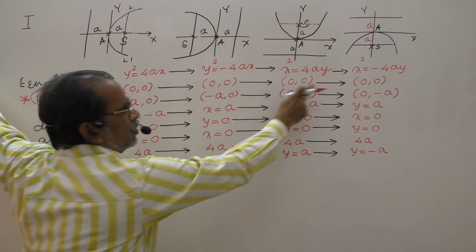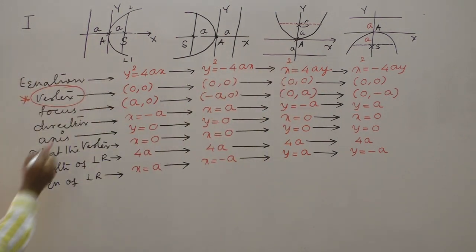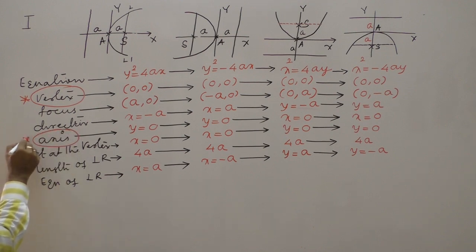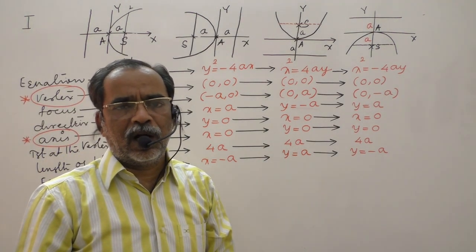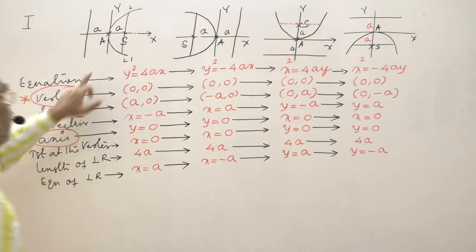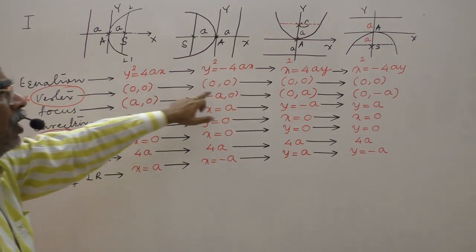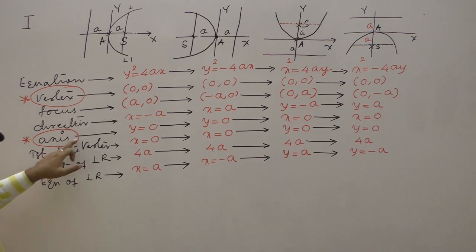If vertex is origin, then the parabola becomes first set, and also you should see axis of the parabola. By watching these two, we can decide whether the parabola is set 1 or not. If it is in set 1, these are the 4 forms. For all the 4, vertex will be 0, 0. This is point number 1.